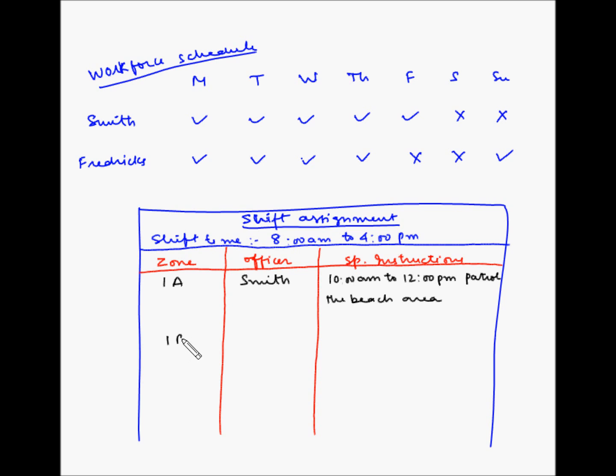For zone 1B, let's say Officer Fredericks is assigned, and the special instructions could be between 2 p.m. and 4 p.m., patrol the hospital parking lot, and reference is car thefts.